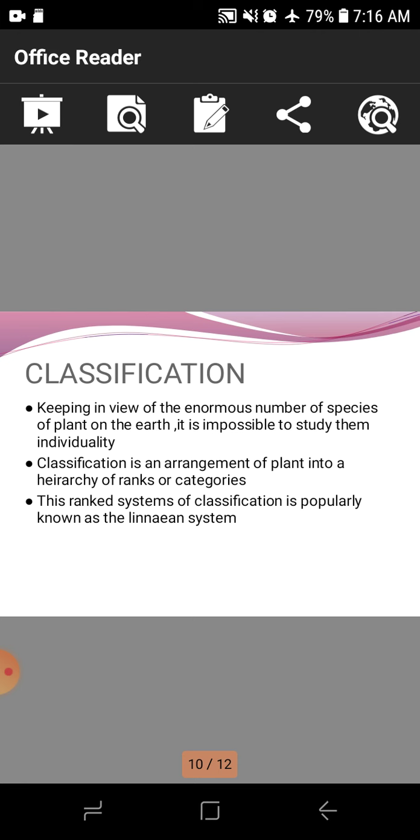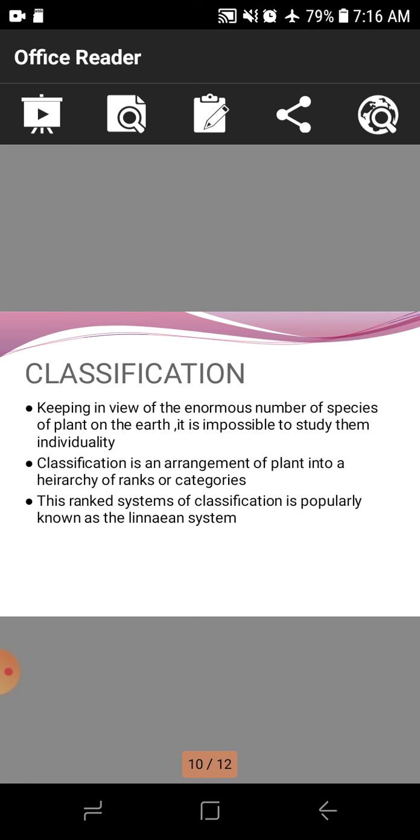Next one, classification. Keeping in view the numerous species of plants on this earth, it is impossible to study them individually, and thus it becomes necessary to study them in an organized manner and place them into large or small groups based on their similarities.